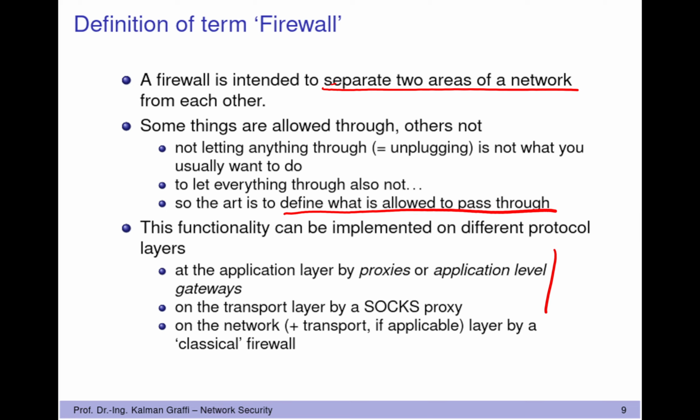So basically, one option is to do it on the application layer, also called a proxy. You can have it on an application layer, one on a transport layer, one on a network layer. It really depends on what information it considers for filtering.